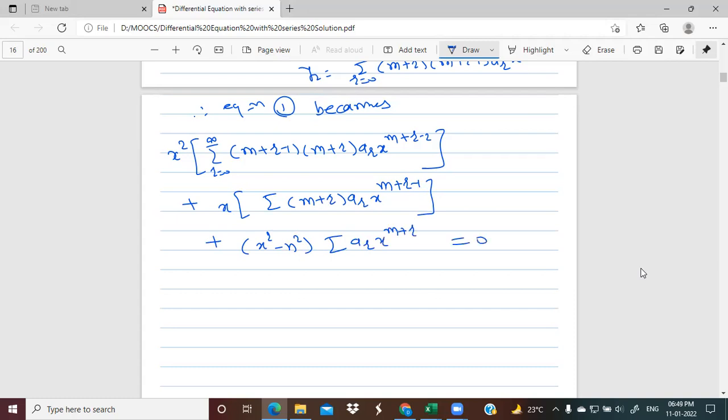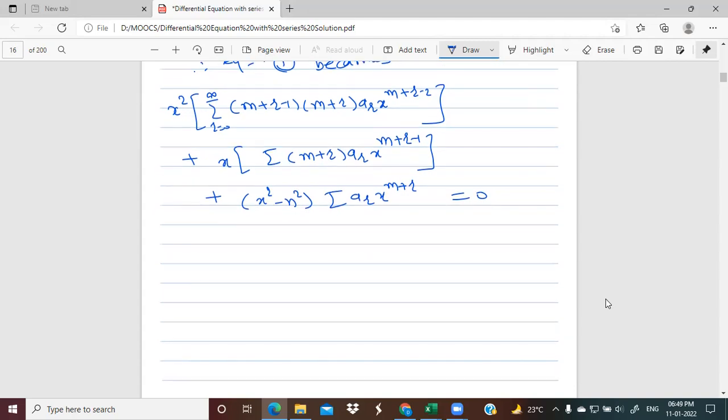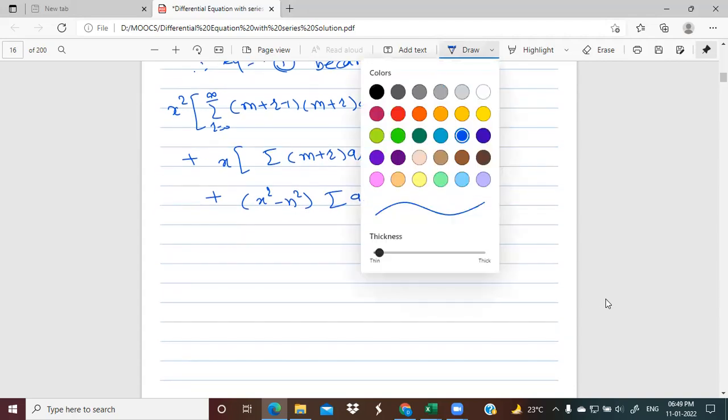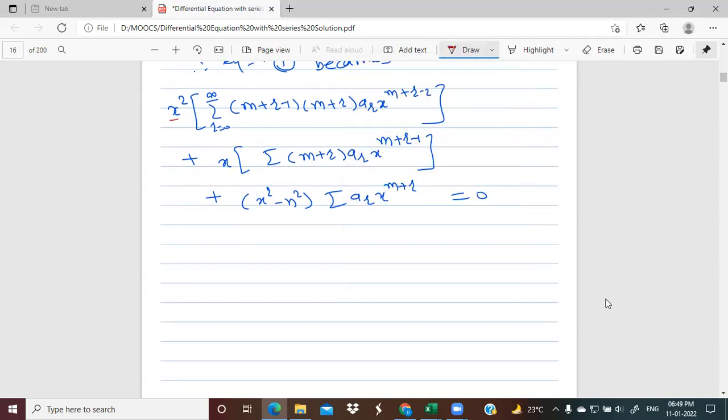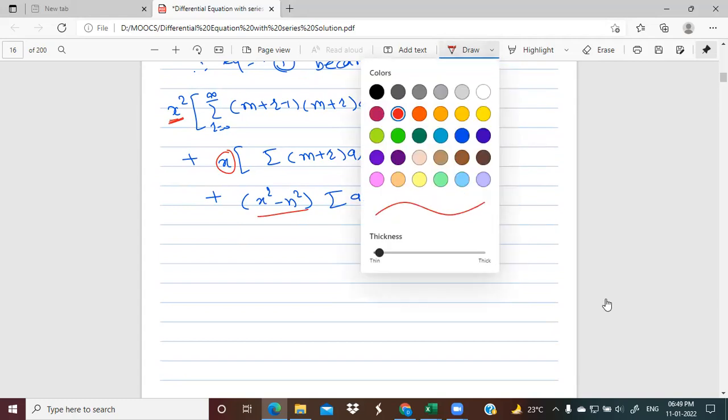I will multiply by this x square term. I'm multiplying this x square to this bracket, this x to this bracket, and both these terms to our y.